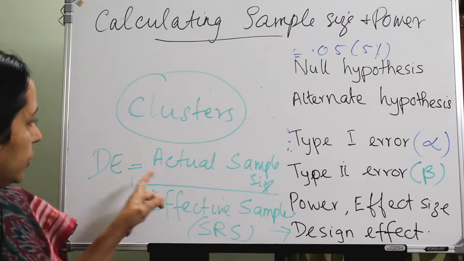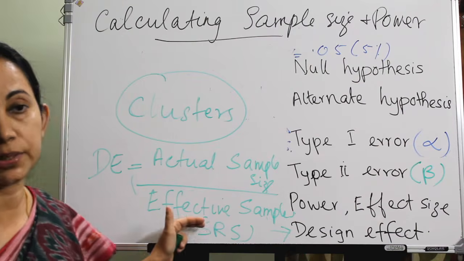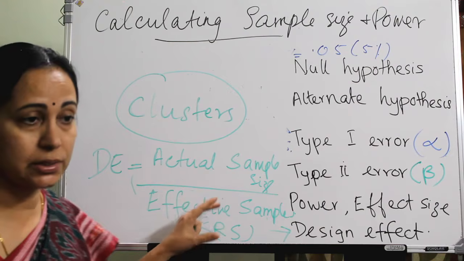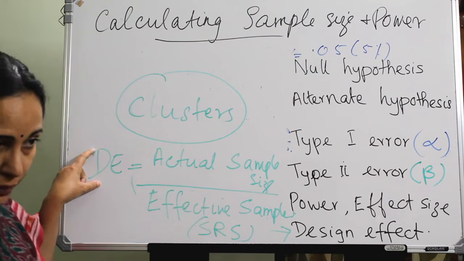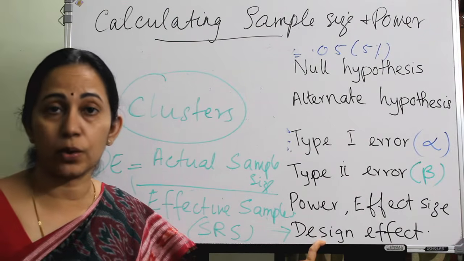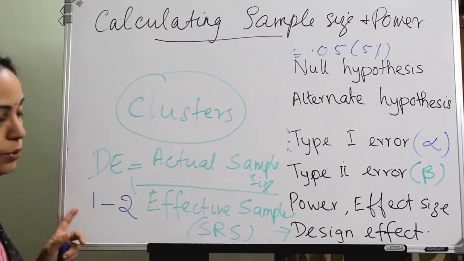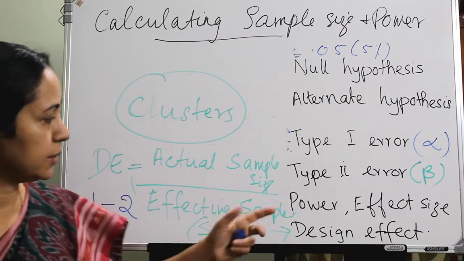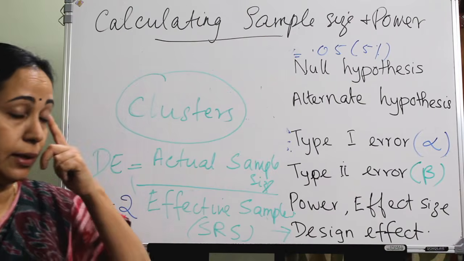Okay, so in order to get an actual sample size, you have to multiply the design effect with an effective sample size, that is the sample size you get if you are doing this study using a simple random sampling. So this is design effect, which is used for cluster sampling. Okay, design effect is a constant which is usually between 1 and 2.